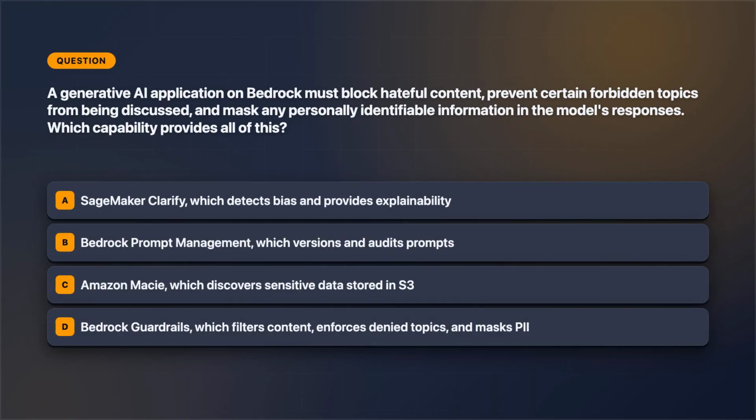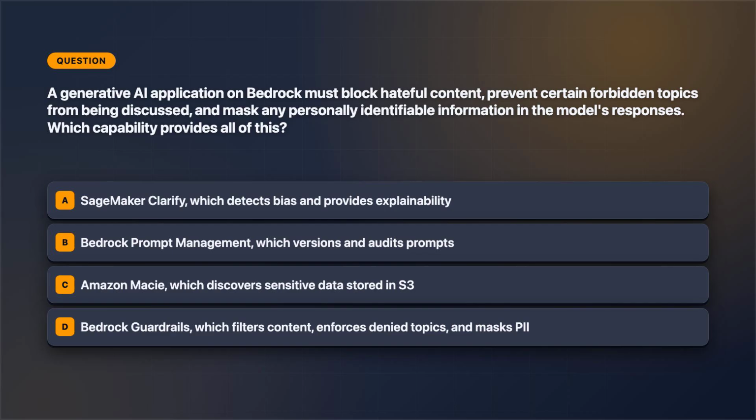Question 4. A generative AI application on Bedrock must block hateful content, prevent certain forbidden topics, and mask personally identifiable information in the model's responses. Which capability provides all of this? Option A, SageMaker Clarify, which detects bias and provides explainability.